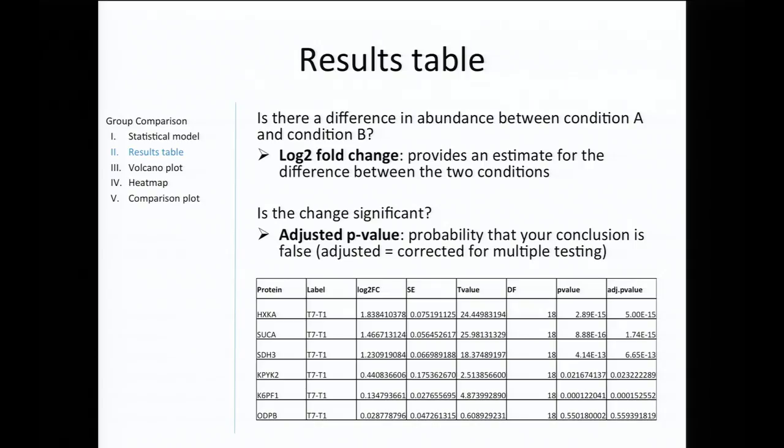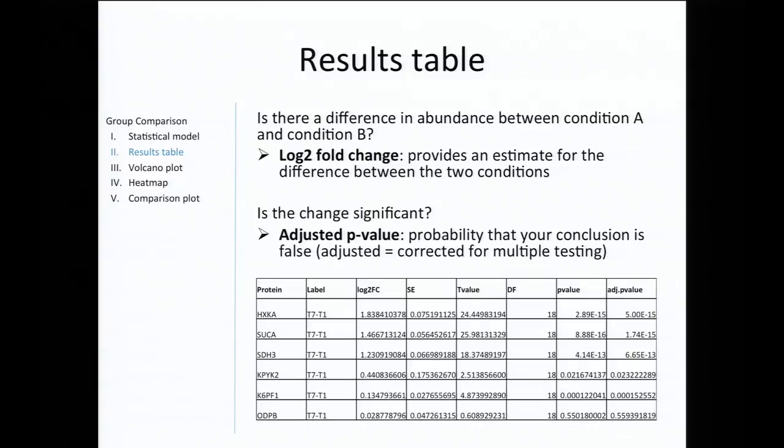So what you get out of this linear mixed model analysis is basically the answer to 2 different questions. The first one is: is there actually a difference in abundance between the subjects in condition A and in condition B for a specific protein, and this is the log 2-fold change. And the second question is whether this change is actually significant, and the value that provides you the answer is the adjusted p-value, which is the probability that your conclusion is actually wrong, and this p-value has been adjusted for multiple testing.